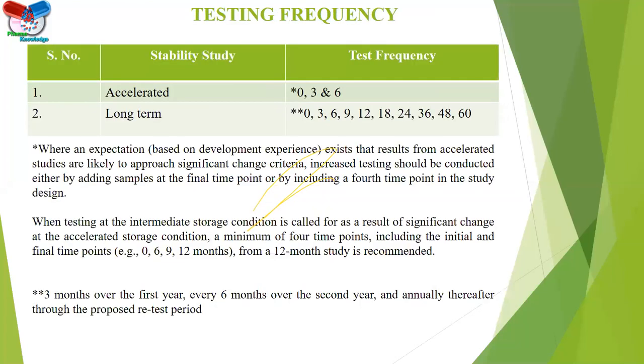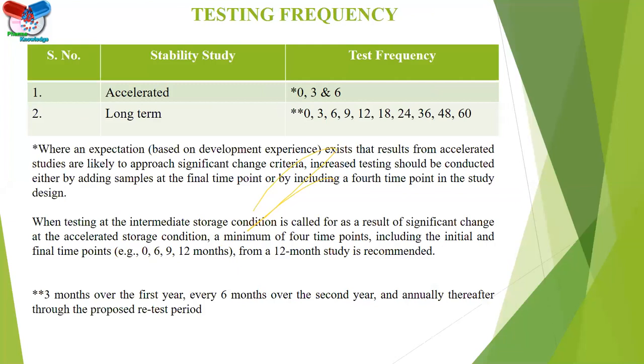Next, I have put my product on stability, and what should be the frequency now? For the accelerated study, it should be tested a minimum of 3 time points: at 0, meaning initial, 3rd month and 6th month.